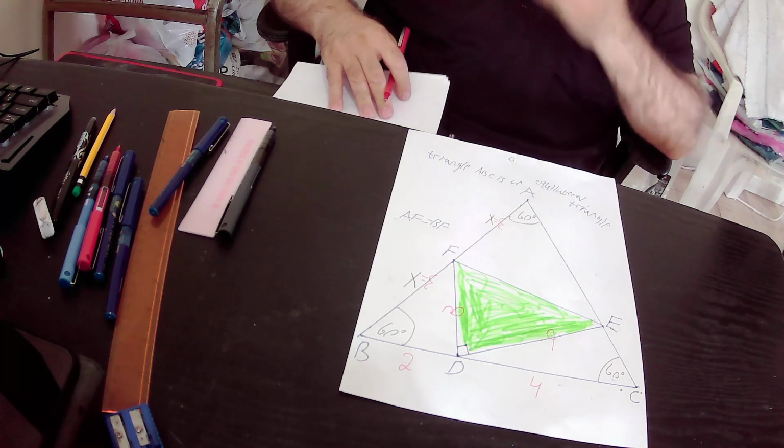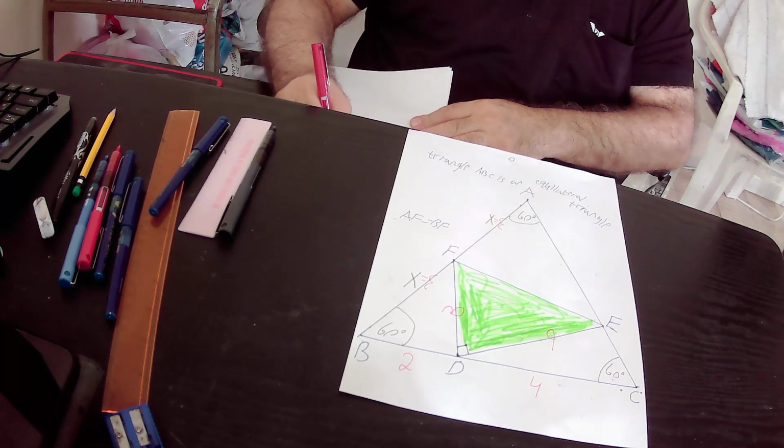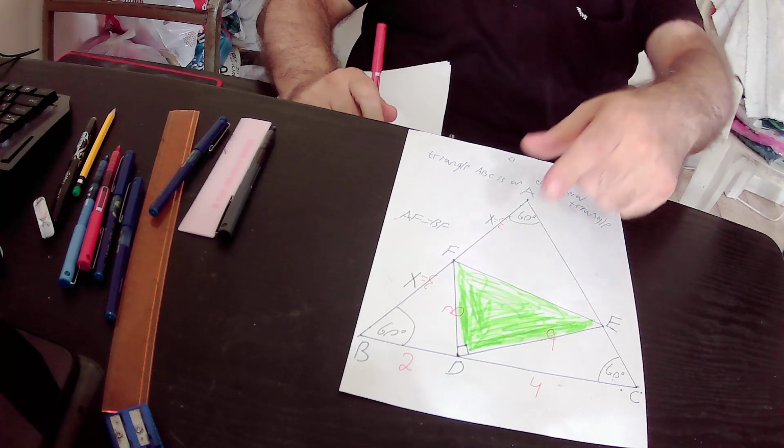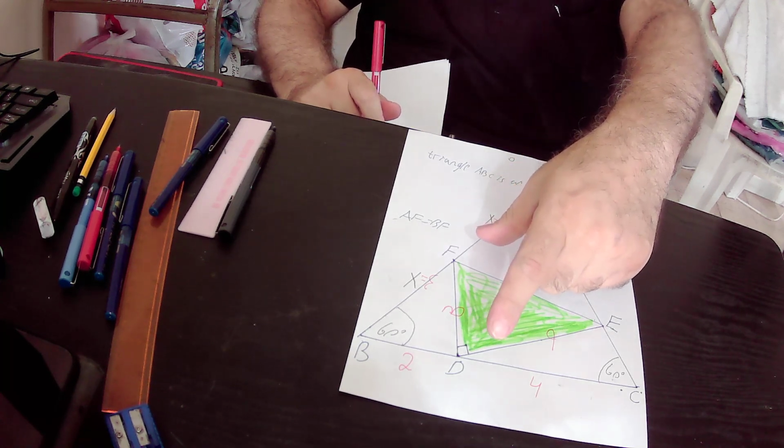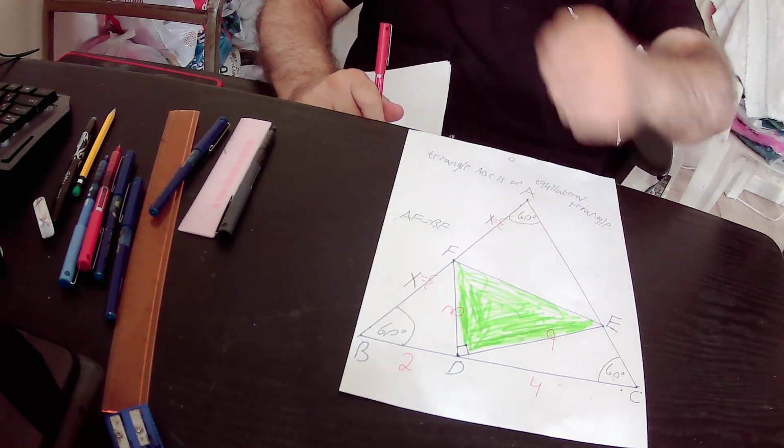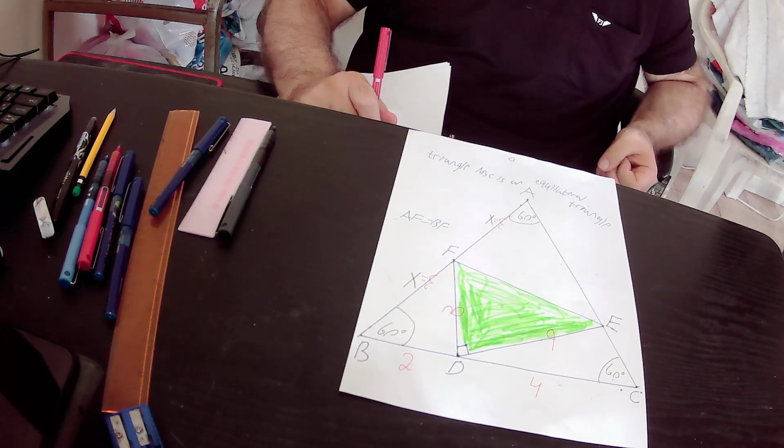And in the next step we will find the size of FD, that equals A, according to the law of cosines.